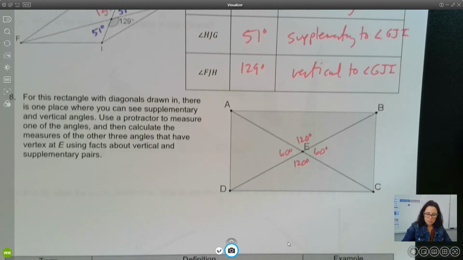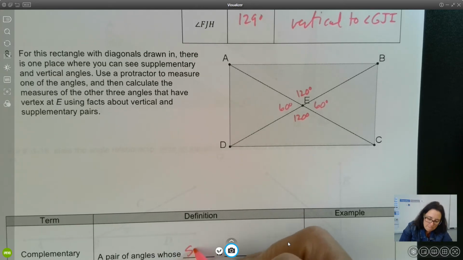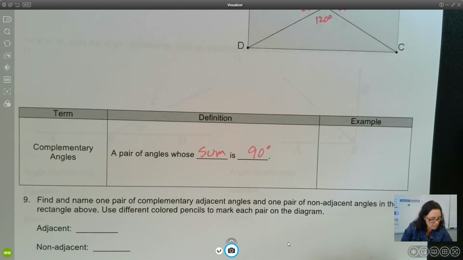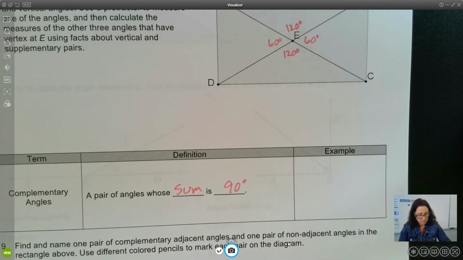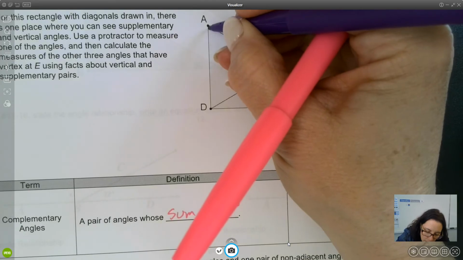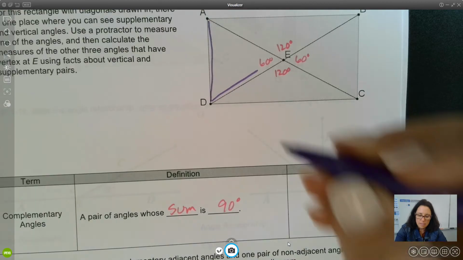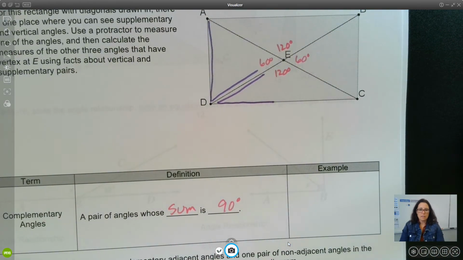Complementary angles: a pair of angles whose sum is 90. All right, now let's do an example from above. This angle right here and this angle right here are complementary to each other.